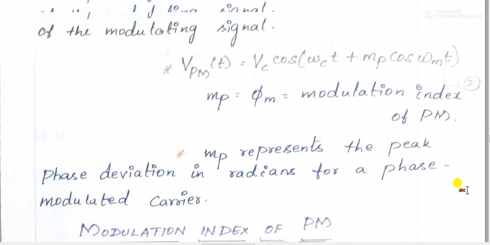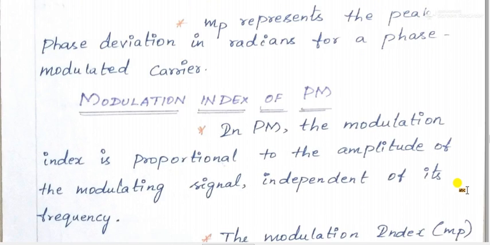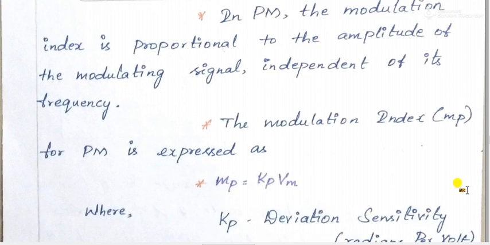Step 3, modulation index. The modulation index is proportional to the amplitude of the modulating signal and it is independent of frequency, so that Mp is equal to Kp into Vm.